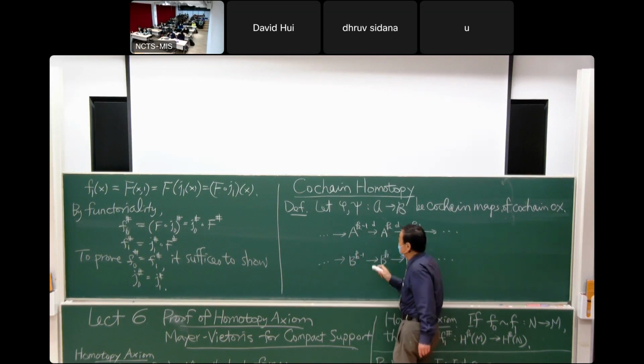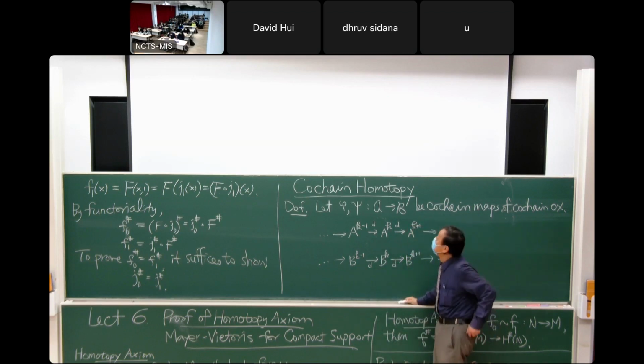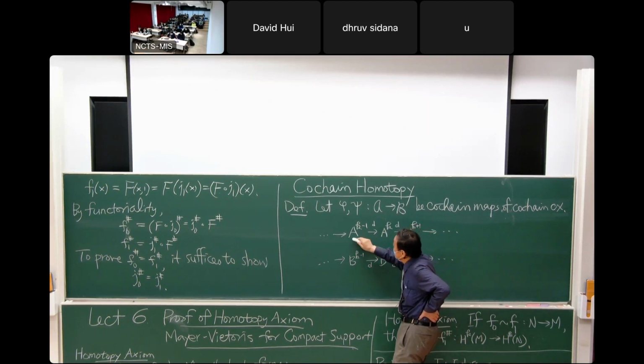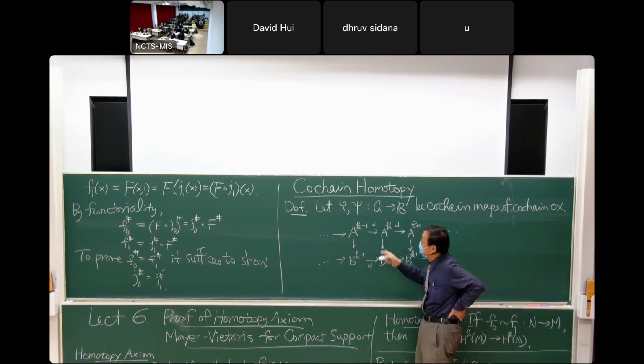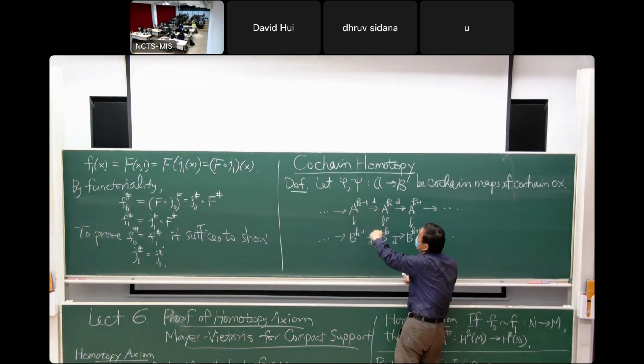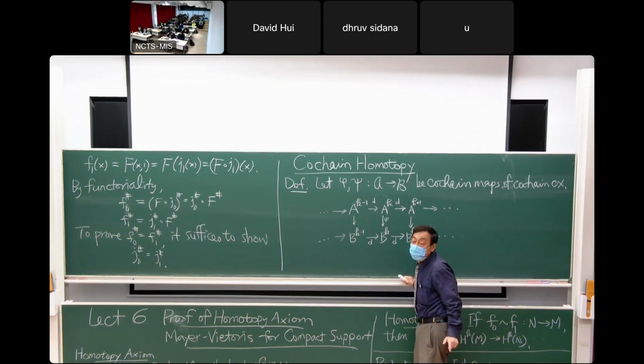Okay, and we call its differential also D. A co-chain map from A to B is a sequence of maps, one for each K, from A to B. So this would be a co-chain map, phi, and it commutes with D. Okay?